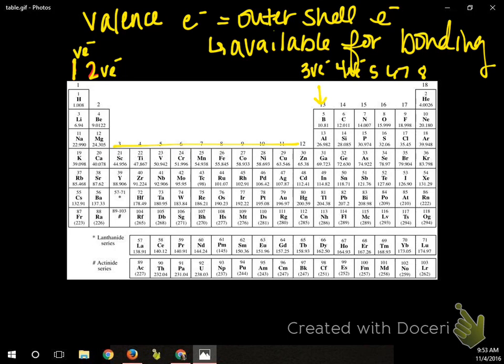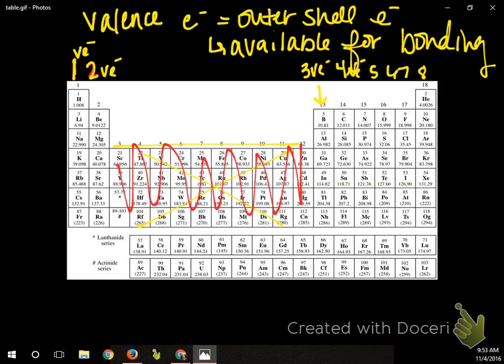So the trend you see is that their group number, disregarding these transition metals, matches the number of valence electrons, or electrons they have available to bond. Does that kind of make sense? You see that trend on the periodic table. Group 1 has 1 valence electron, group 2 has 2, 3, 4, 5, 6, 7, 8. The transition metals in the middle don't quite follow the rules, so we don't include those in that pattern.